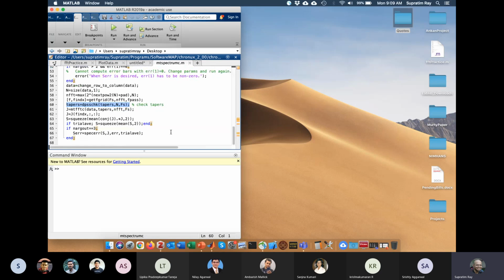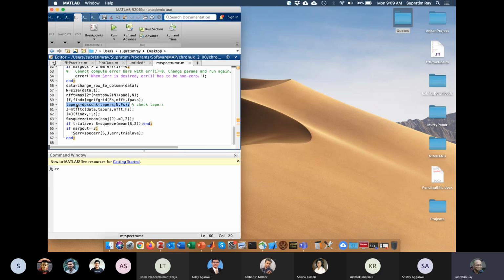That's it. So what they are doing here is generating the tapers. This command generates the tapers, and then it computes the MTFFT, the Fourier transform of the tapered signal.